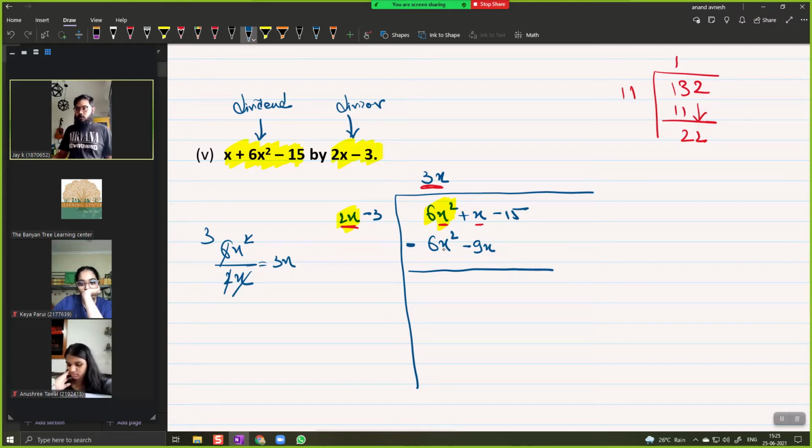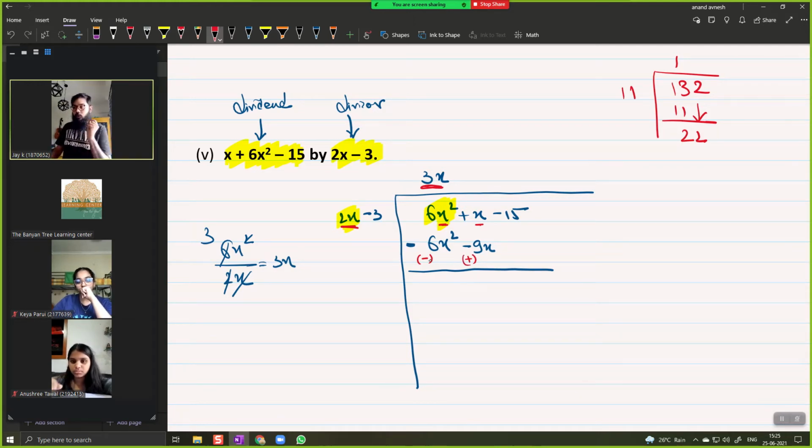What is the original sign of 6x square? Plus. It will become minus. Write minus here in the bracket. The original sign of 9x is minus. It will become plus in the bracket.